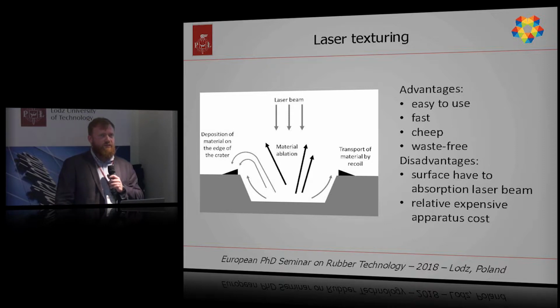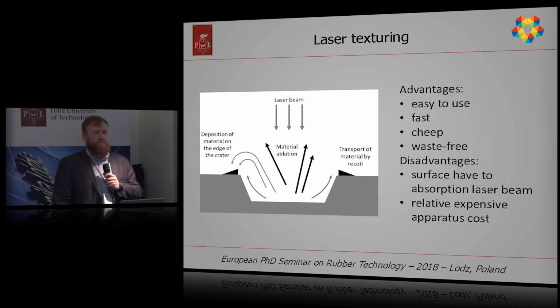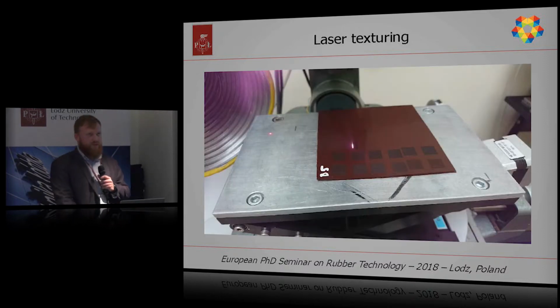The biggest advantages: it's a very easy to use, fast, cheap, and waste-free technique. But the surface has to absorb the laser beam, and the equipment cost is relatively big. How fast is that method? You can see in a short film.